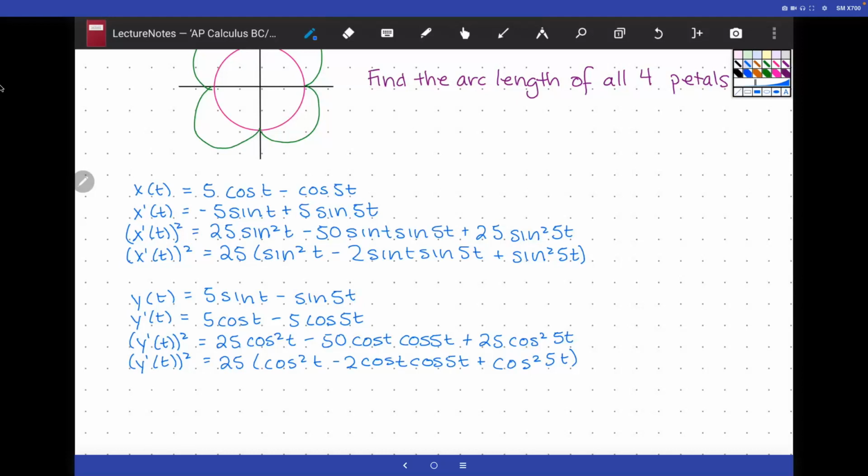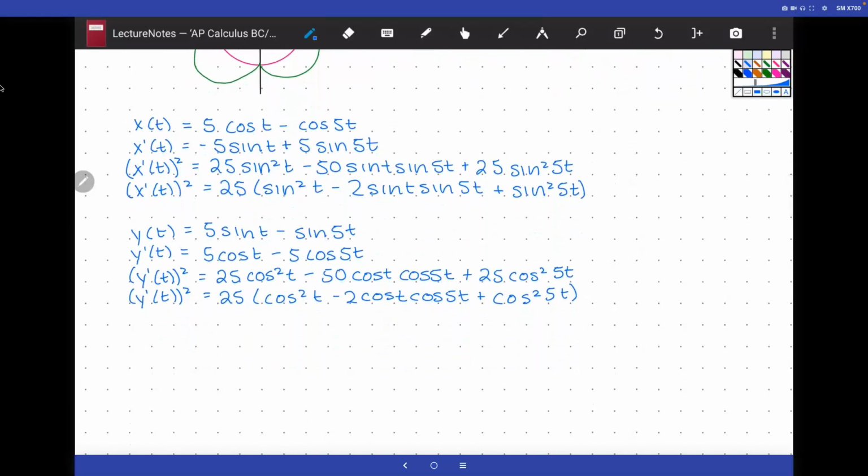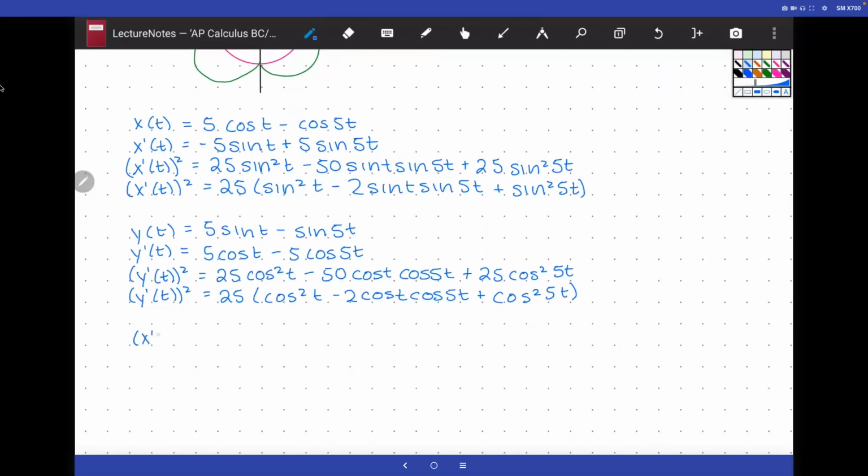Now, if we try to add these, you probably already see some stuff. Those Pythagorean identities. So x prime of t squared plus y prime of t squared. There's 25 in both, so I'm just going to factor that out right now.